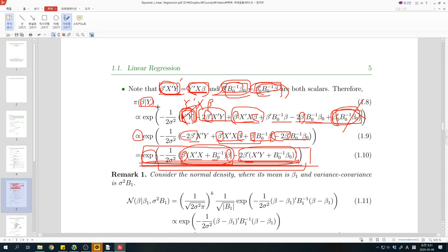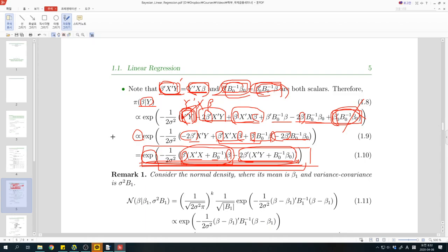But we still don't know its mean and variance. We know the class of distribution, but we don't know exactly what the mean and variance are.